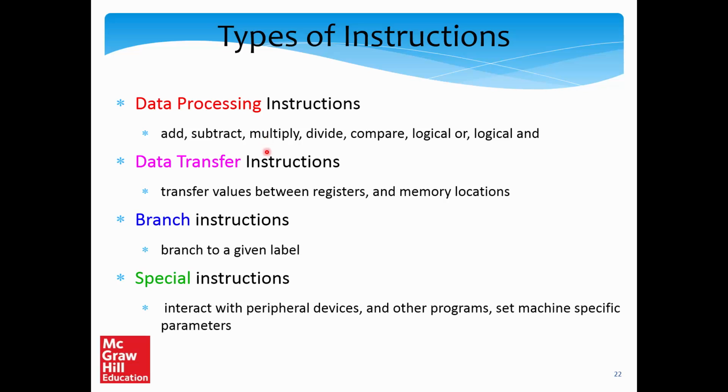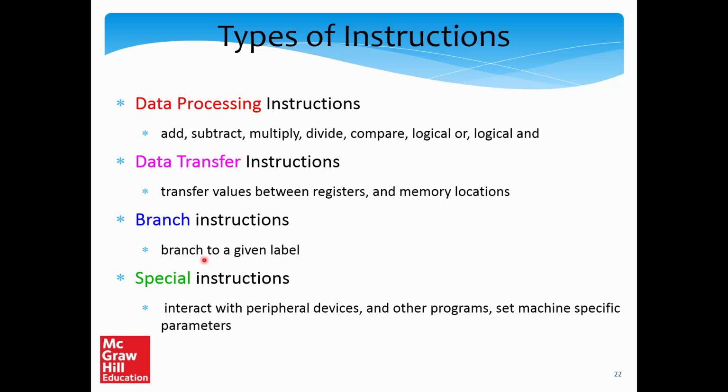Similarly, we can have data transfer instructions. These instructions transfer values between registers and memory locations. So these are very useful to bring in data from memory to registers, and also to move data between registers as well as move data from registers back to memory locations. Then we of course need branch instructions to implement for loops, while loops, and if statements. A branch instruction is typically like this, that we branch to a given label, where the label is what we looked at in the previous slide.